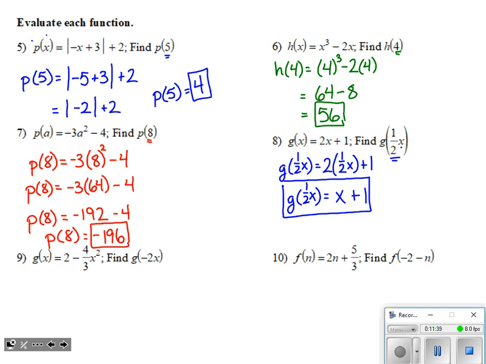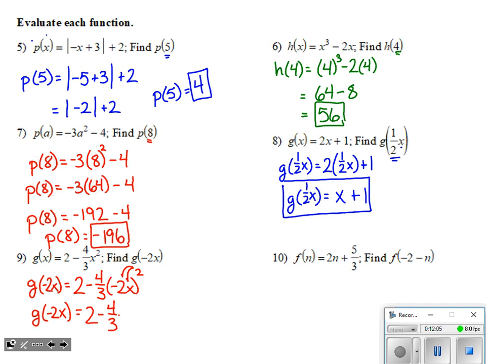For number 9, here I'm finding g of negative 2x. That's 2 minus 4 over 3 times that input, negative 2x to the second power. And we're just going to use order of operations to simplify that thing. I can't do the multiplication yet, so that 4/3 has to stay out front. And I'm taking negative 2 times x, all of it to the second power.